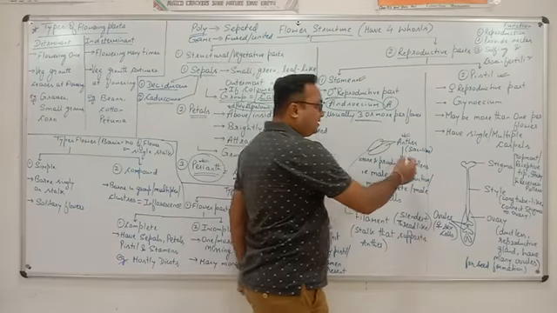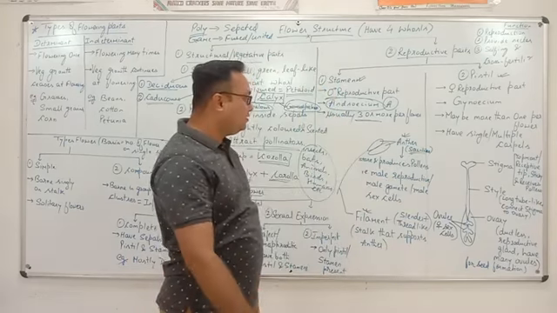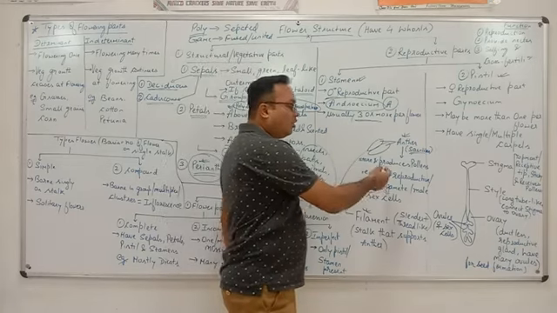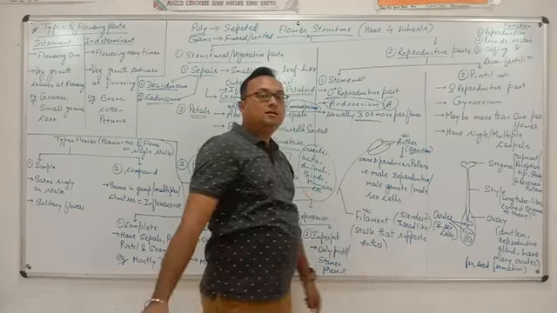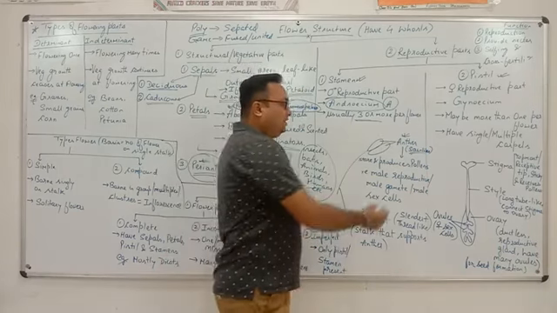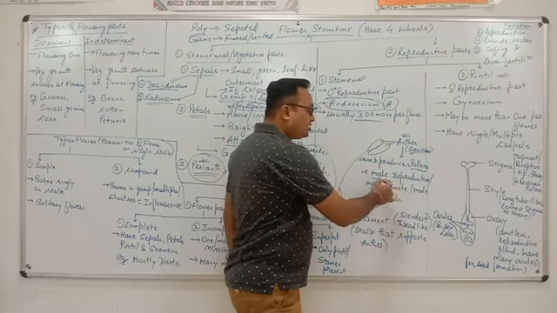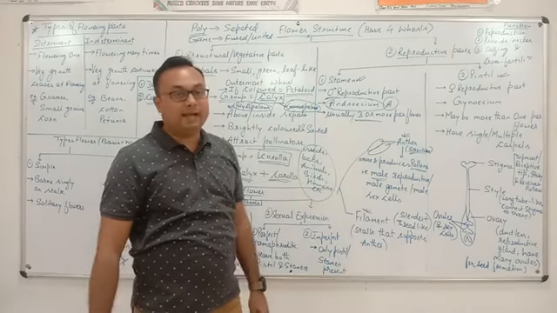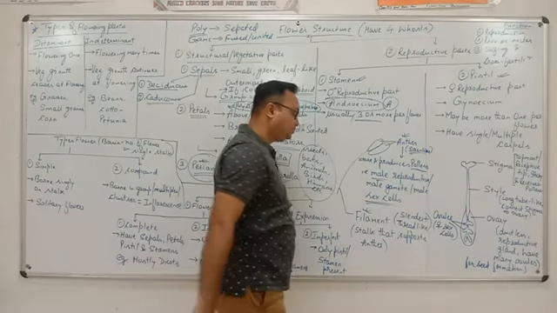This anther is nothing but a sac-like or bag-like structure which contains, produces, or stores pollens. These pollens are male reproductive structures, or male gametes, or male sex cells.